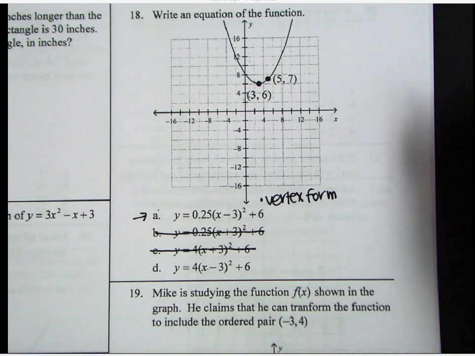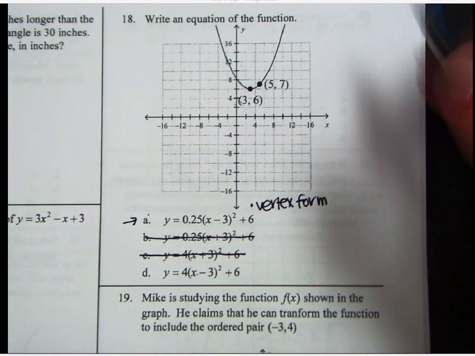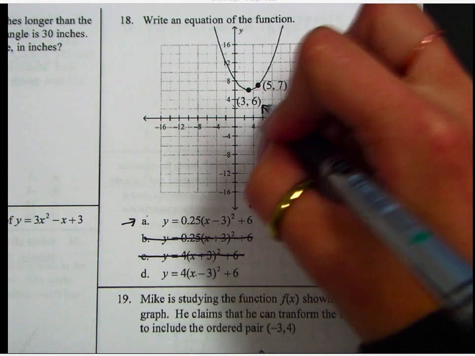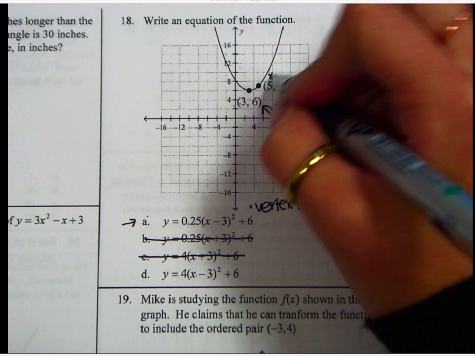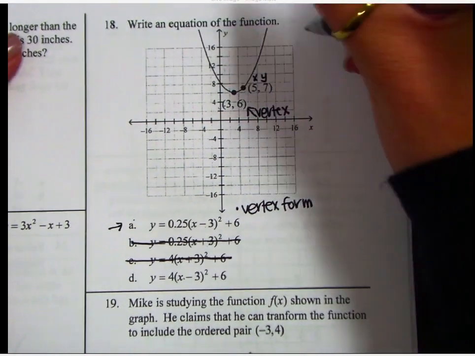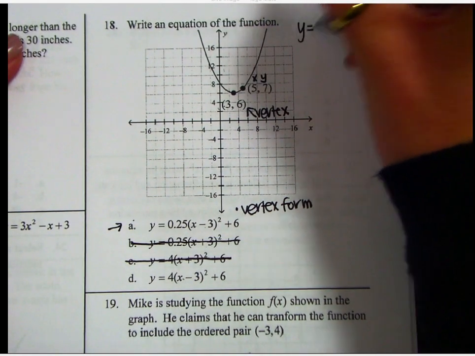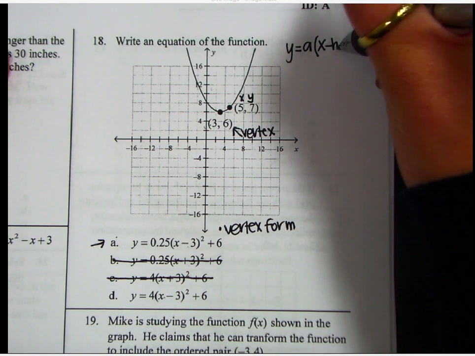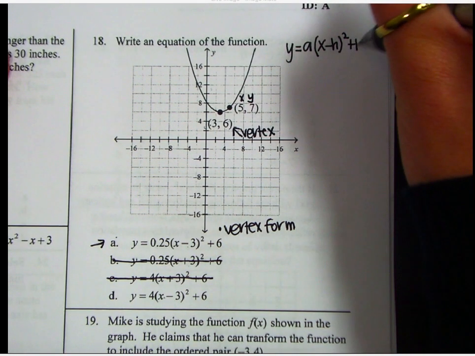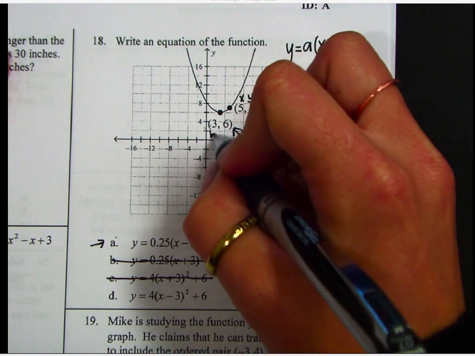So I know that my vertex is 3, 6, and then this is going to be just a point x, y. So I have my vertex form, which is y equals my A value times x minus h squared plus k, where the vertex is h, k.